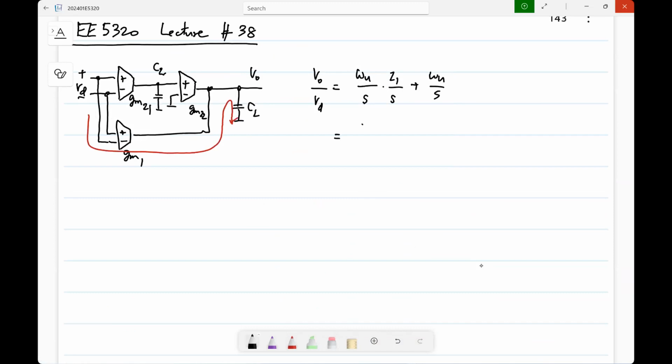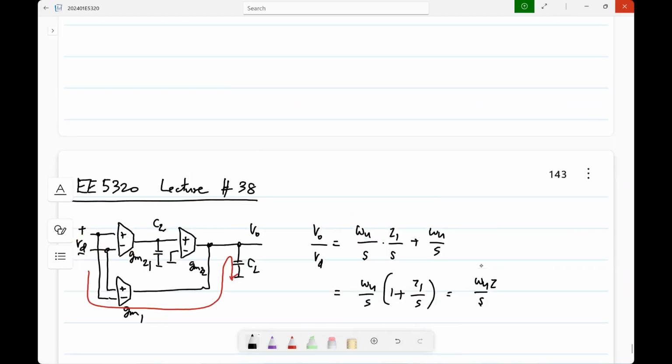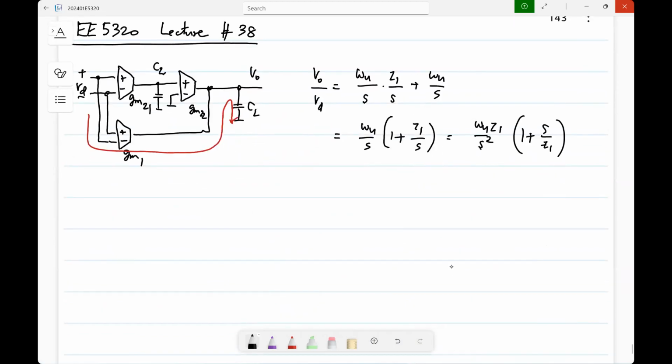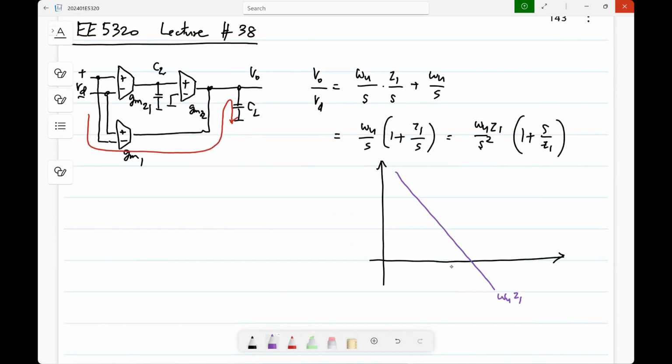This can be written in a couple of different ways. So basically what happens is the omega u z1 by s square term, if it is like that, and omega u by s if it is like this.